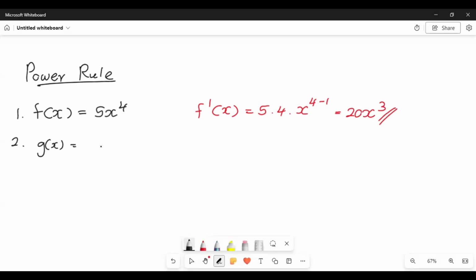g(x) equals 7 times x to the power of 3.5 plus 3 times x to the power of negative 2.